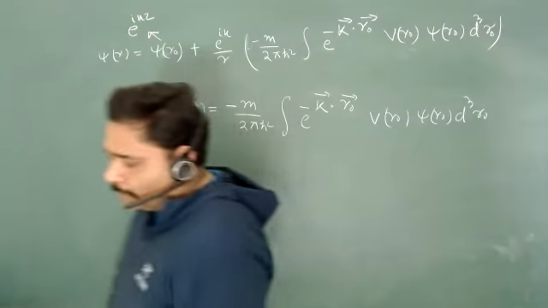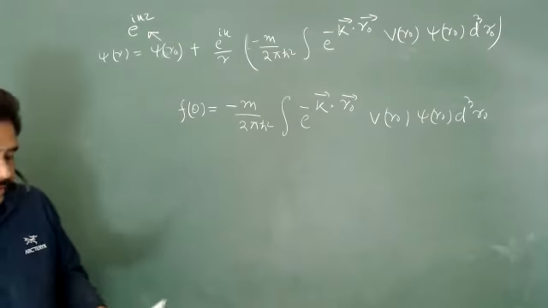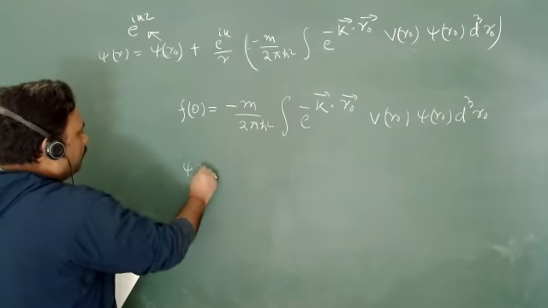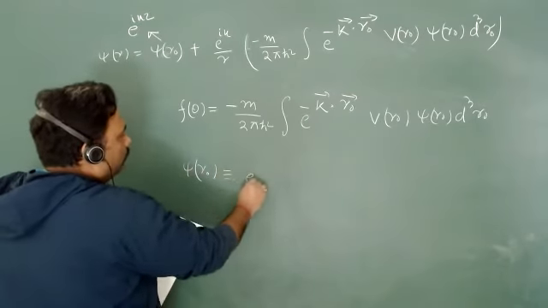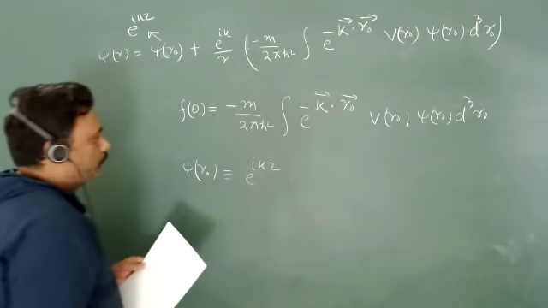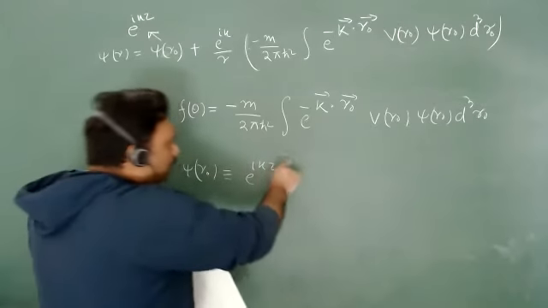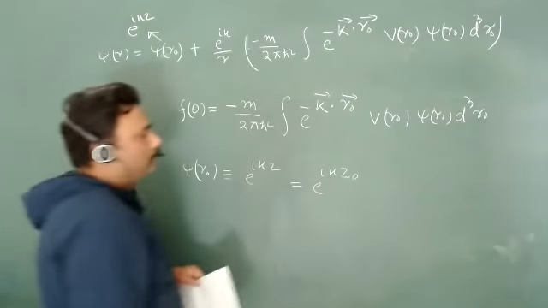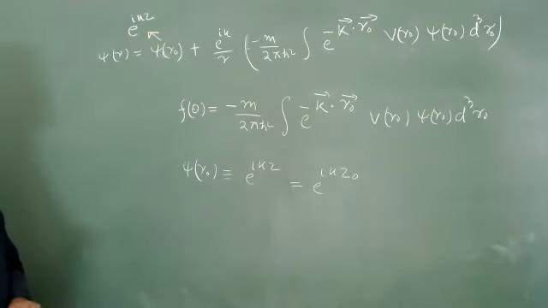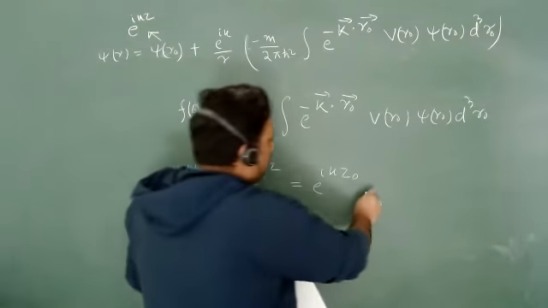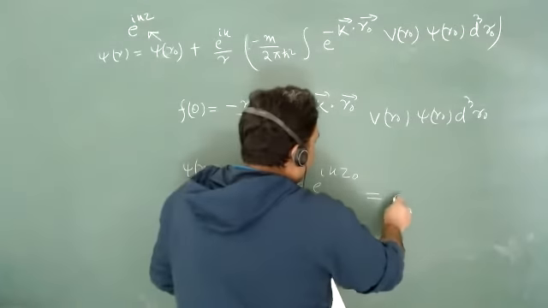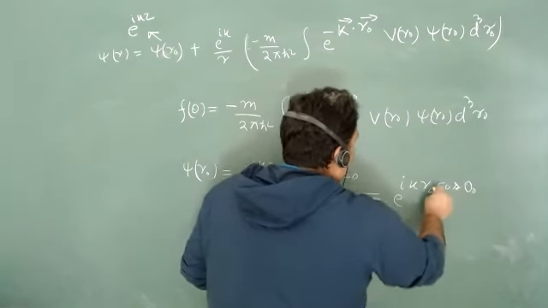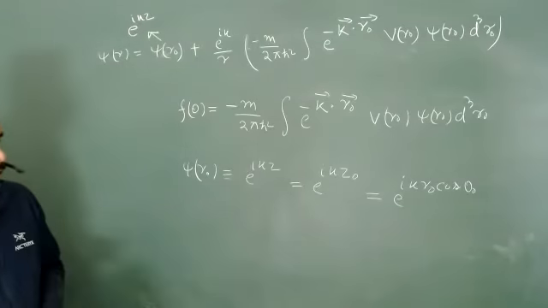So again we have to use a little next trick, and this is very interesting. We can write psi r naught as equivalent to e to the power i k z, and hence it is not going to be altered. I can write e to the power i k z naught, and I can write this z naught as r naught cos theta naught, so e to the power i k r naught cos theta naught. You can write that, right?